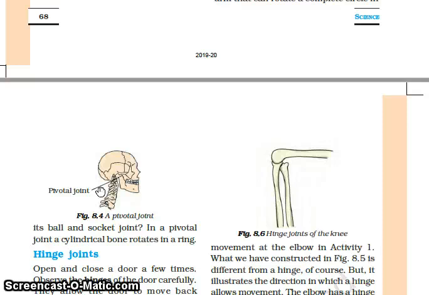So in the case of a pivotal joint, a cylindrical bone rotates on a ring like a pivot. You must have seen a pivot, an atta chakki. It joins the neck to the head, and it allows us to bend the head forward and backward and turn the head to our left and to our right.